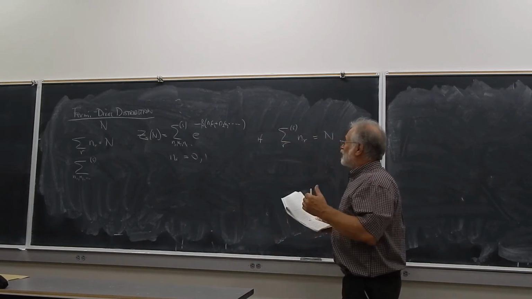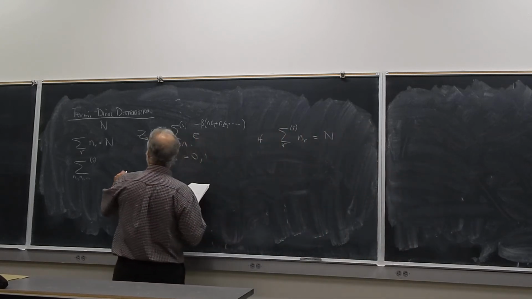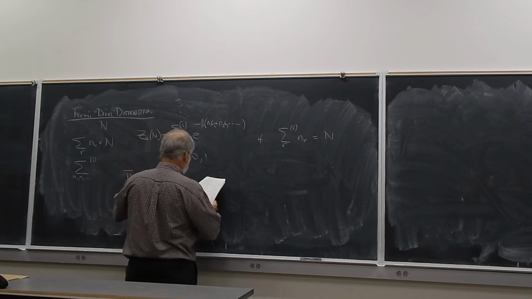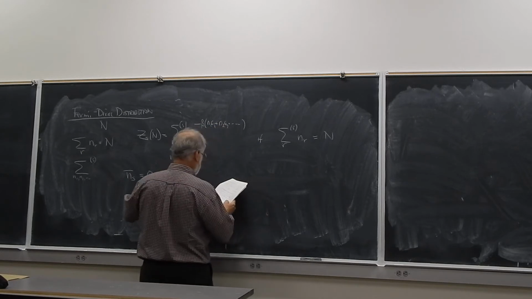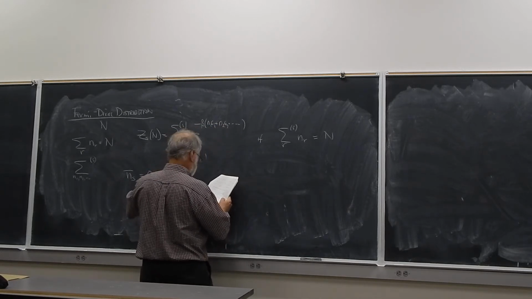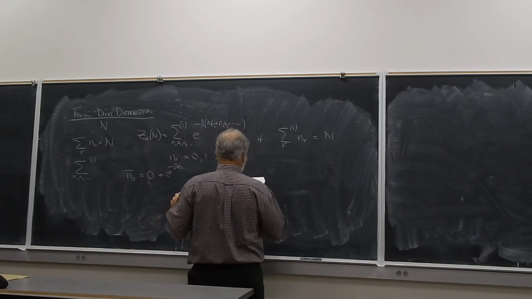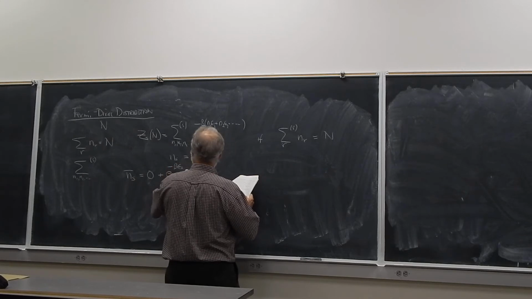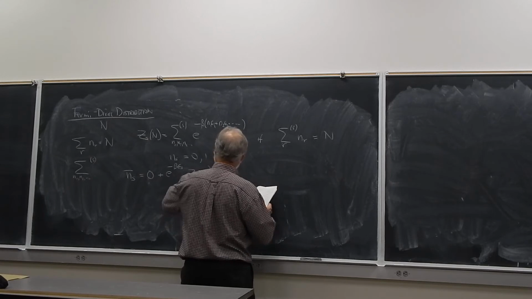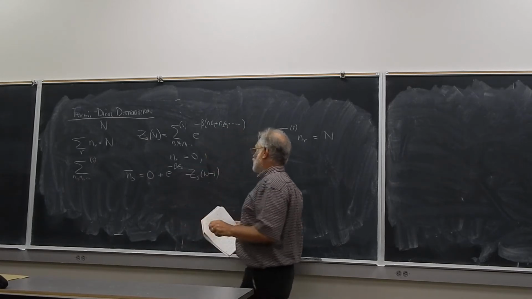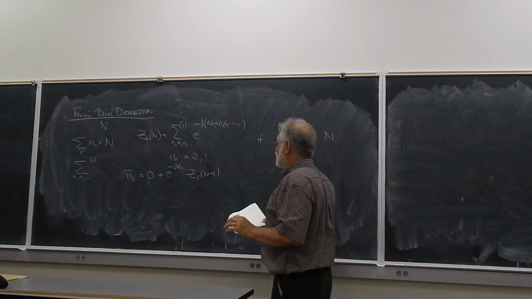So I'm going to perform the sum explicitly so that I get everybody involved. N sub S is equal to 0 for the case where I don't have anybody in state S, plus e to the minus beta E sub S, that's when I have somebody in state S, and then the rest, times Z sub S of N minus 1. So this takes care of the whole rest of the particles in the gas.